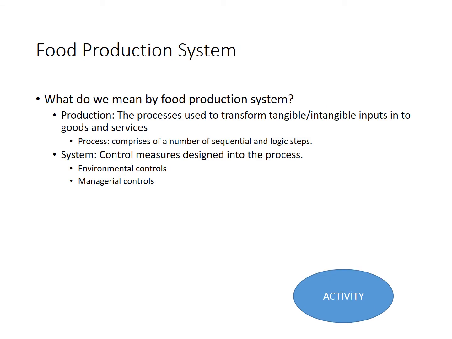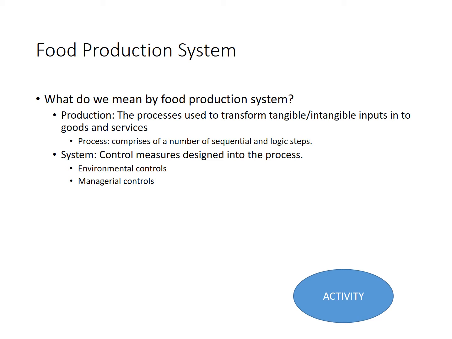Food production system. What do we mean by food production system? So production, this is the process used to transform tangible and intangible inputs into the goods and services. Process comprises of a number of sequential and logical steps.